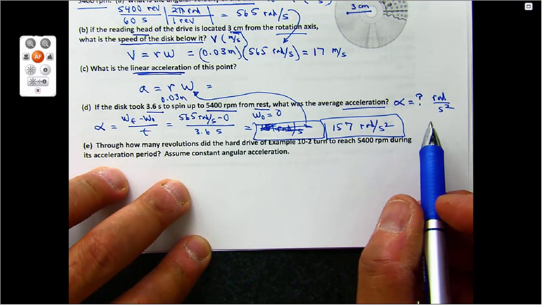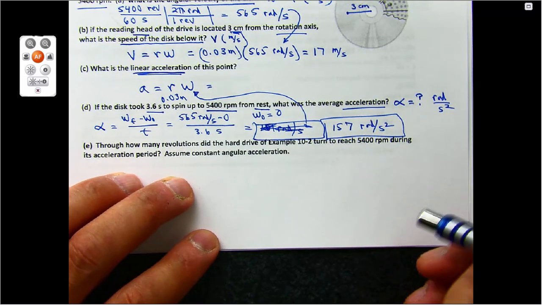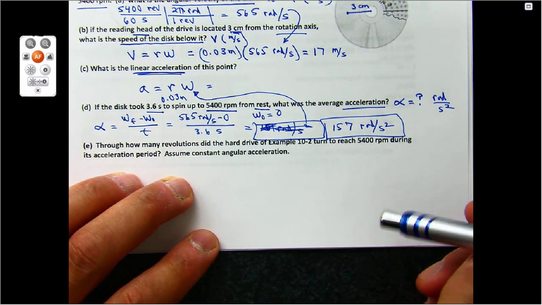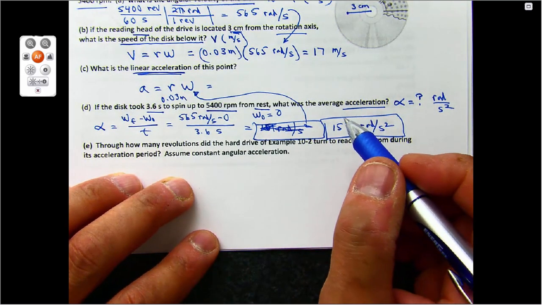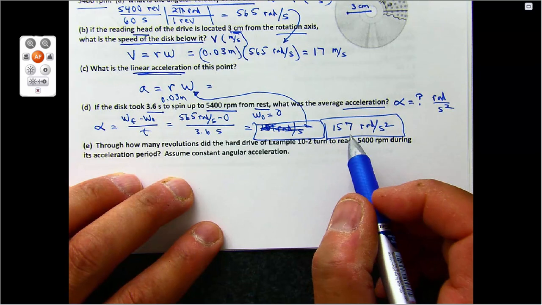So it's asking what the acceleration was before. It would be good to switch those around. So what's 0.03 times 157?